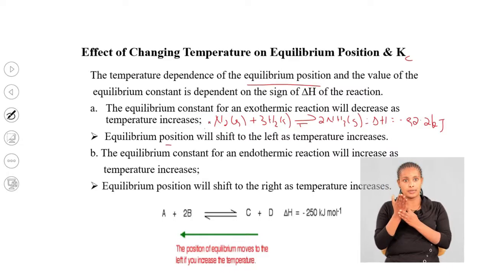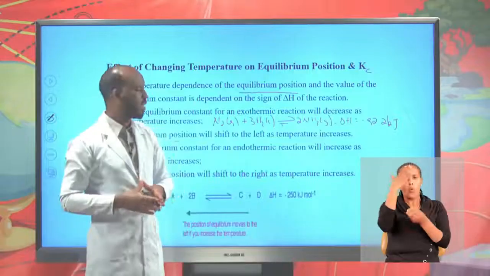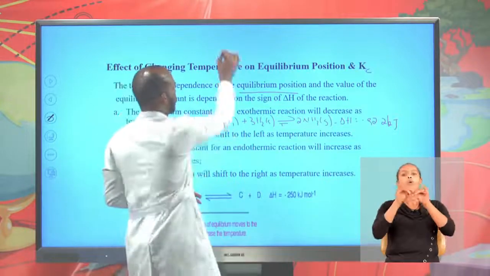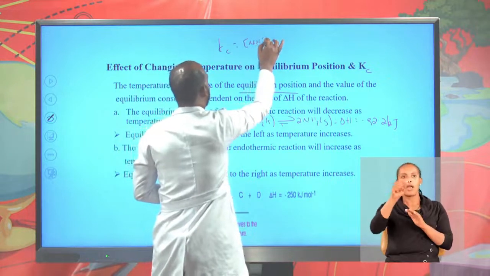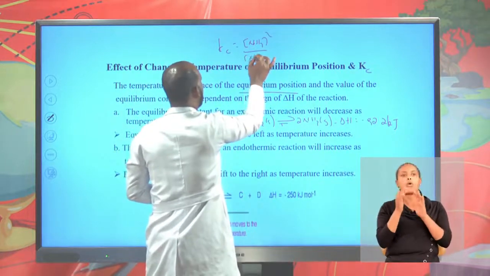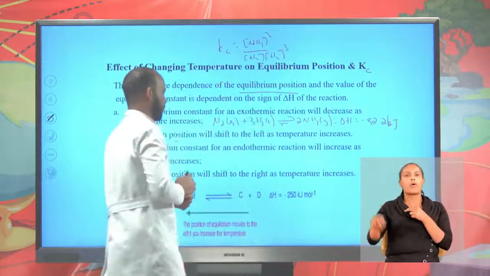Here it says the equilibrium constant for an exothermic reaction will decrease as temperature increases. Why? Because the equilibrium constant Kc for this reaction is the concentration of ammonia, NH3, to the power 2, divided by the concentration of nitrogen times the concentration of hydrogen to the power 3.